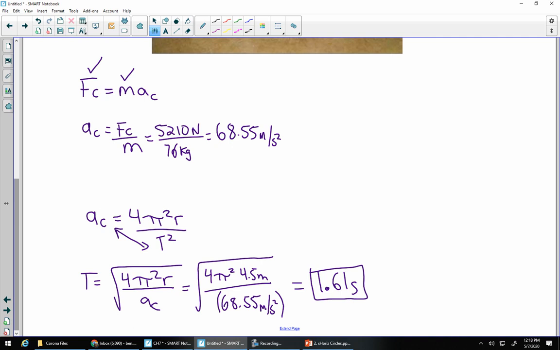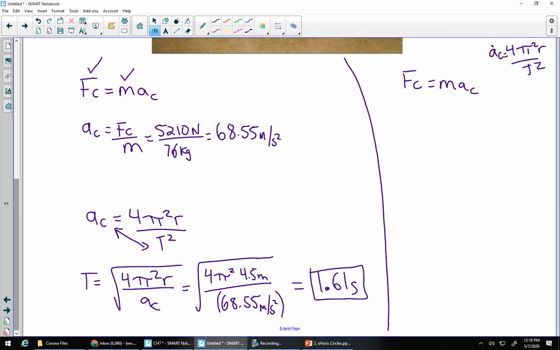Nice, good. So I'll show you 2 things with this now. The shorter way, so just kind of do this as side notes. This would probably be the simplest way, but not necessarily the shortest way. The shorter way is to say FC is equal to M times AC, but hold the phone. AC is 4 pi squared r over t squared.